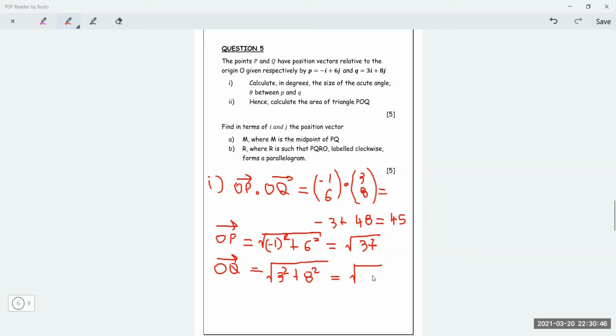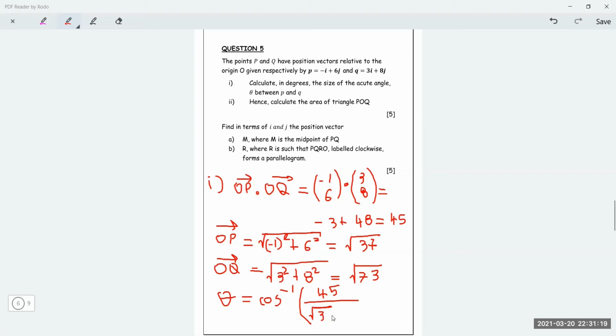So to find the angle between P and Q, they call it theta. Theta is therefore going to be equal to cos inverse of OP dot OQ, which is 45, divided by the square root of 37 times the square root of 73.